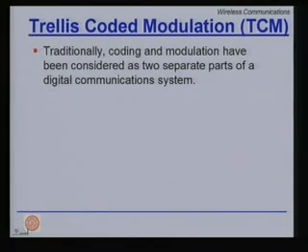Well, so far we have seen that the encoder block, the channel coding block and the modulation block have been optimized separately. However, one of the objectives is the same for both: error correction or immunity to noise. Our different modulation schemes have been there to overcome the effects of noise as well.